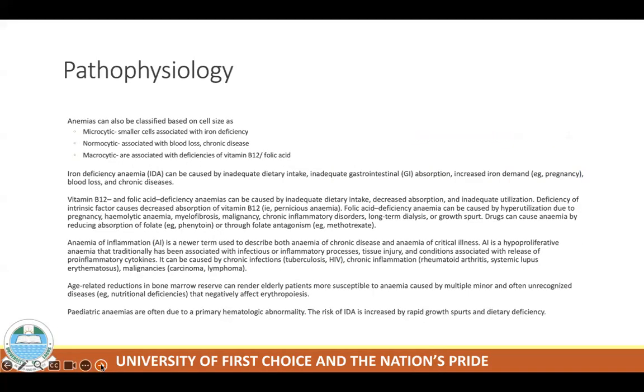And then based on the types of cells contributing to the anemia, it can also be classified as microcytic, small cells associated with iron deficiency; normocytic, where the cells are normal size but there's still anemia, associated with blood loss or chronic disease states where there is low stimulation of the bone marrow; and macrocytic, where the red blood cells are larger than usual, associated with deficiencies of vitamin B12 and folic acid.